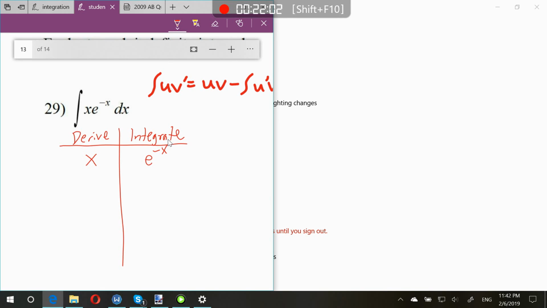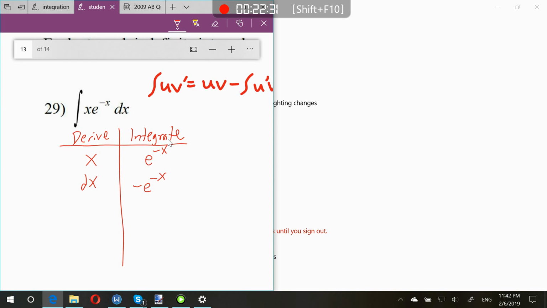Derive. So it's dx. And then what happens if I integrate e to the negative x? Negative e to the negative x. Okay, what happens if I derive dx? Is it going to be 0 or is it going to be the second derivative?